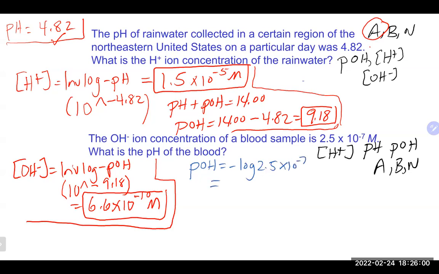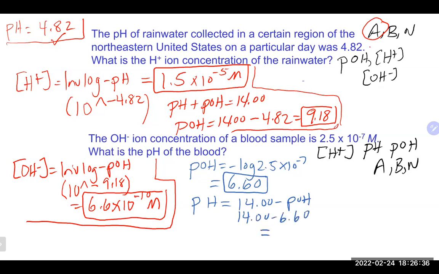That's going to give me a pOH of 6.60. We then can very simply get the pH by subtracting it from 14. So pH would be 14 minus the pOH. That's 14 minus 6.60, which gives us a pH of 7.40.